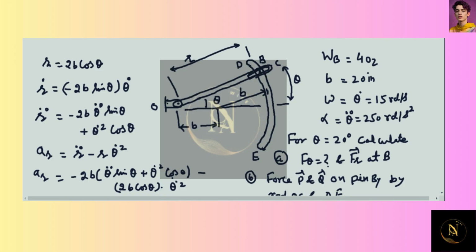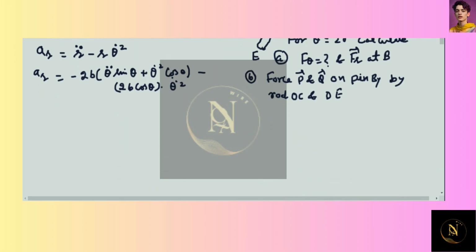So on solving it, you will get radial acceleration to be 2b negative double derivative of theta sine of theta plus 2 square of single derivative of theta into cos of theta.